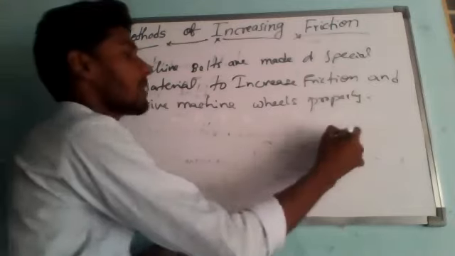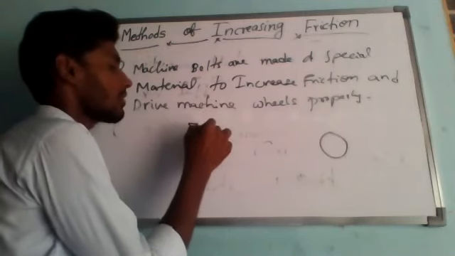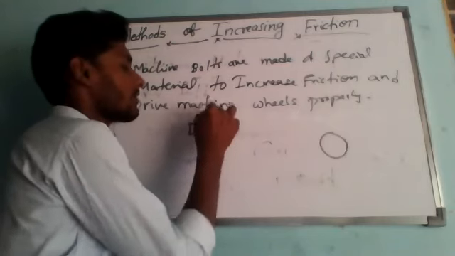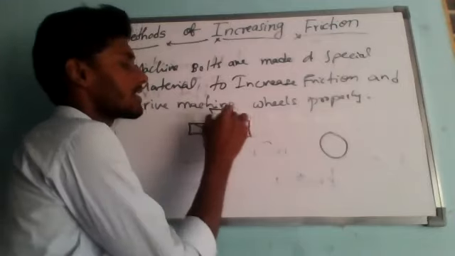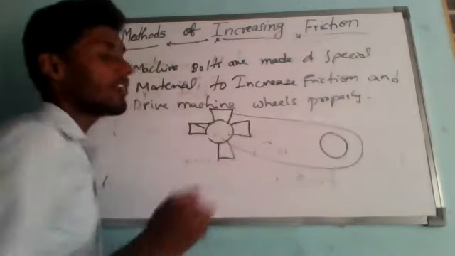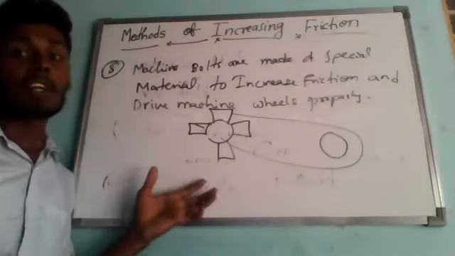Somewhere there will be a pump and somewhere some kind of wheels, and that pump and these wheels will be connected with some kind of belt. So belts are used to drive wheels for running the machines.